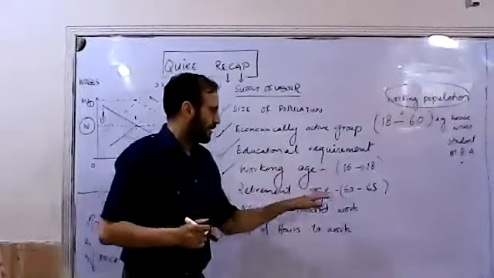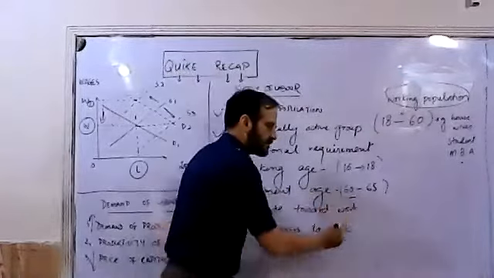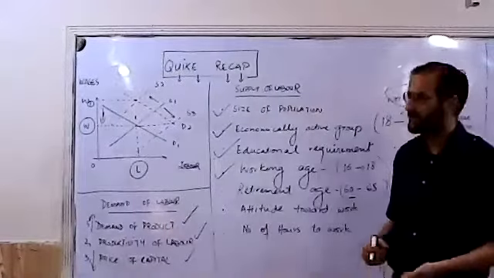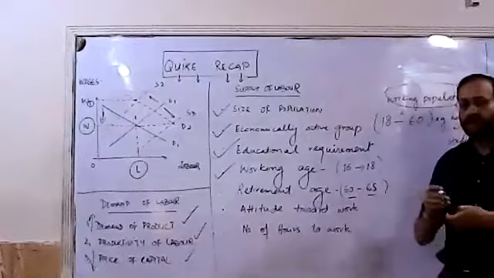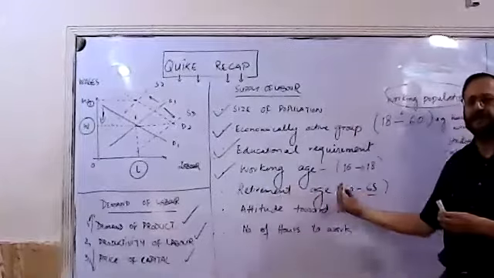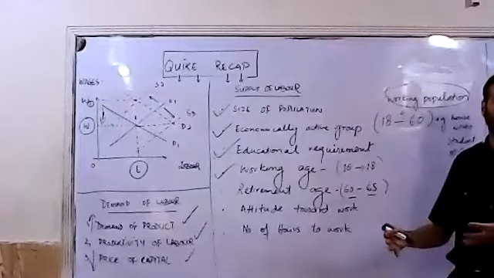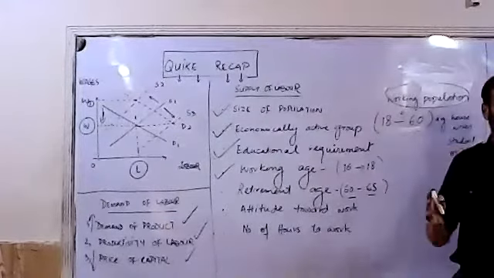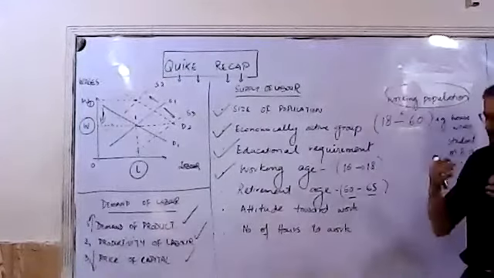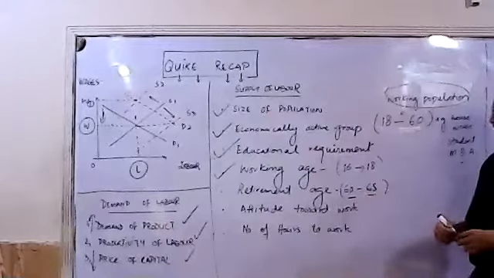Yes, for your information, in Pakistan, the retirement age is 60 officially, but in many advanced countries, it's 65. So it means those countries which have a higher limit of retirement age are going to find more workers, or in other words, greater supply of workers. But if we are going to reduce from 65 to 60 or even lower, that is going to reduce the supply of labor in the economy.